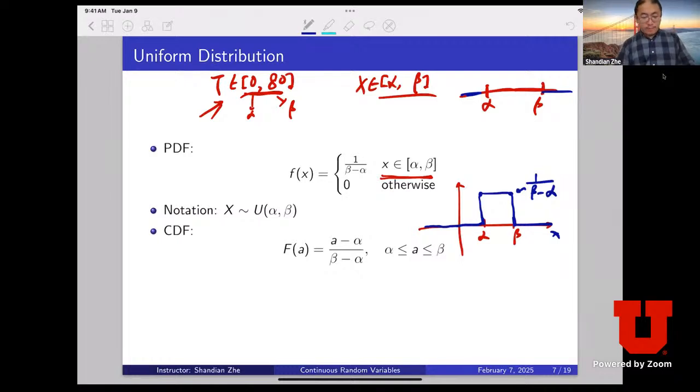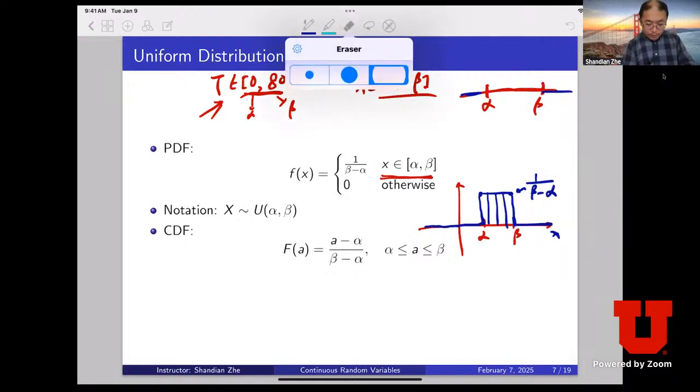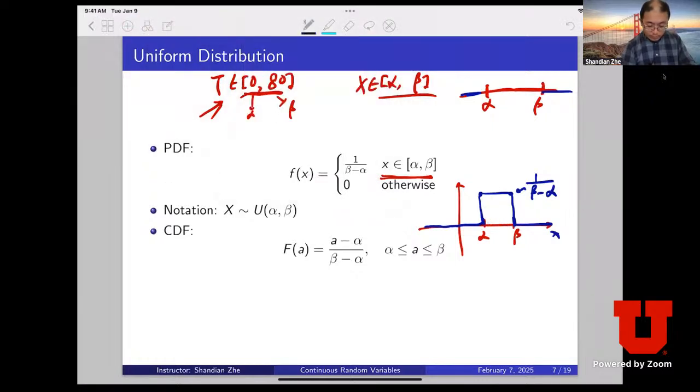So why is this a constant? I just want to express that you've got an equal chance for any interval. Suppose I want to look at your random variable taken at this small subinterval, and at another subinterval.